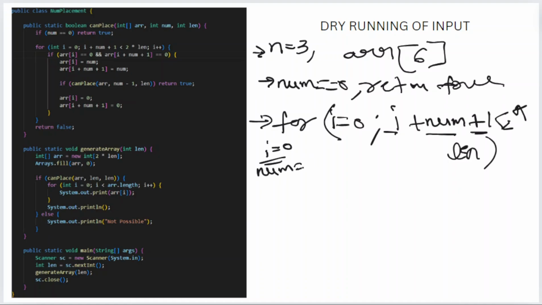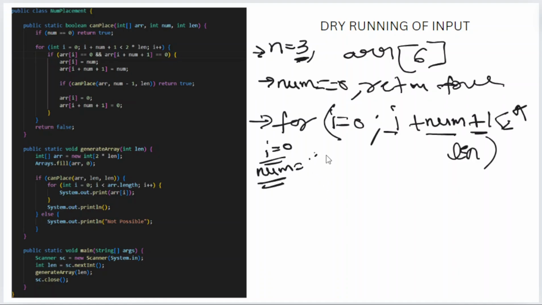Num is the element which we are trying to place at this time. For example, the first call will be for the last element, 3, so it will try to place 3 at this point. And the last one is len, which will be the same throughout the call, because that is the length of our function.